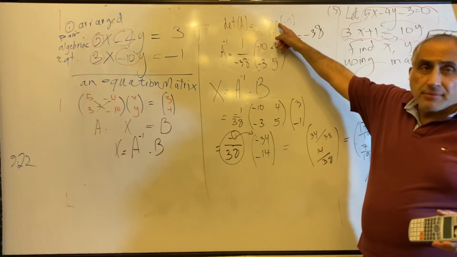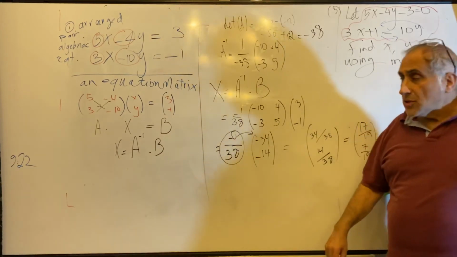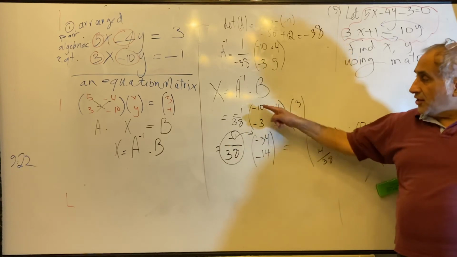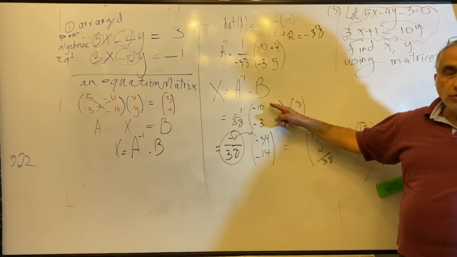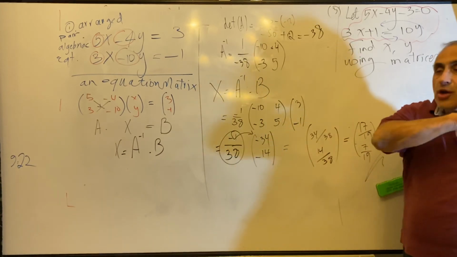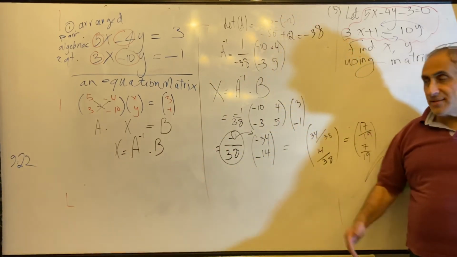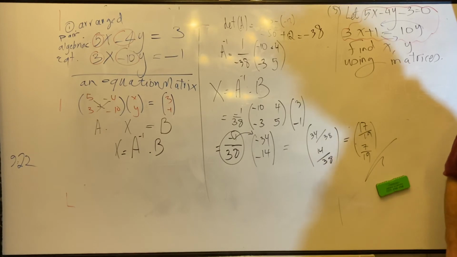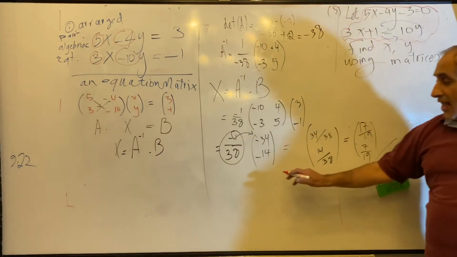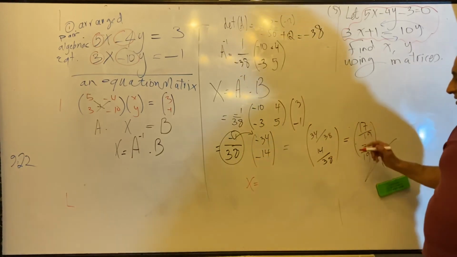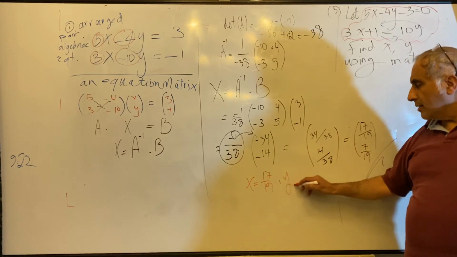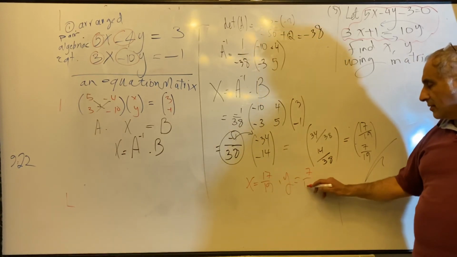Sometimes when we switch, we make mistakes, or when we switch the sign. Here, switch the location, don't change the sign. There, switch the signs only. People make mistakes when they multiply. You can use a calculator. But at the end, your x is 17 over 19, and y is 7 over 19.